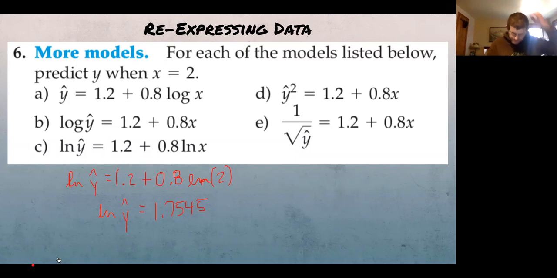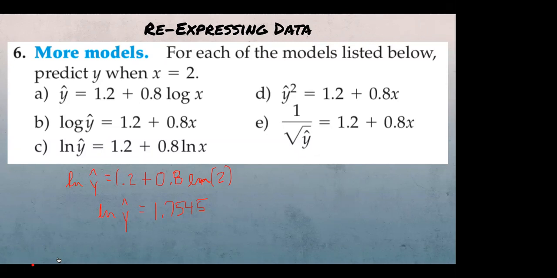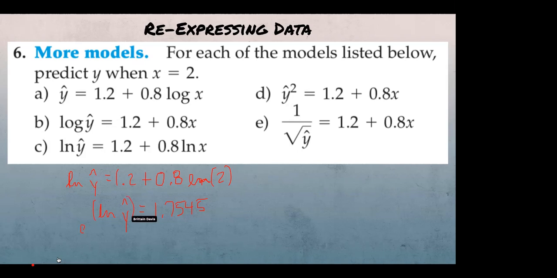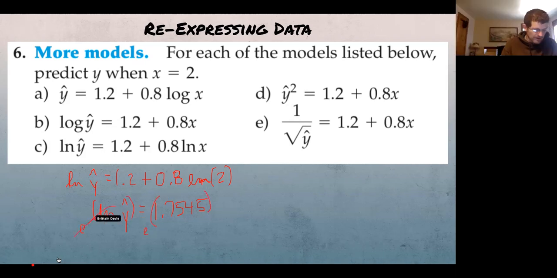You write down as much precision as you want, because now what are we going to do to get y hat? E to the 1.7545. There we go. We do e to these powers. Those cancel each other out.